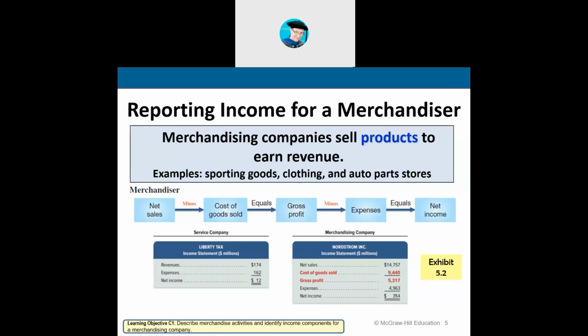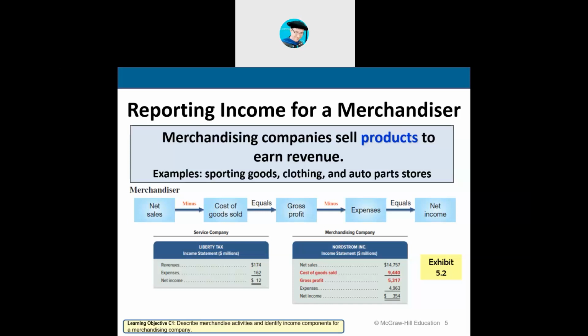So think of Macy's or your favorite department store, where you go to buy clothing or sporting goods, auto parts, whatever it is. A physical, tangible product that you buy. It could be Amazon as well. Amazon is a retailer, but it's web-based. But they're still a retailer, they sell physical, tangible products.